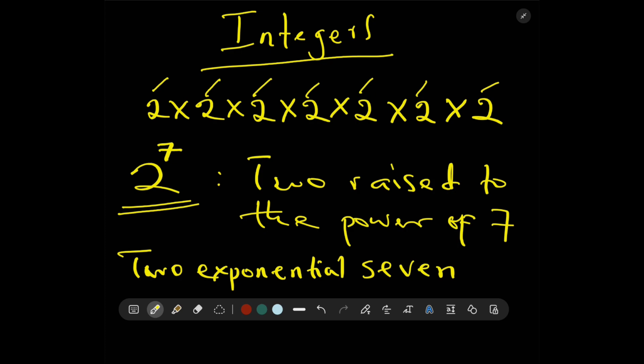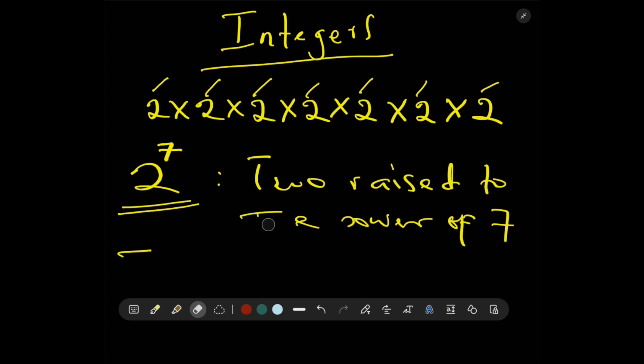So let's go ahead and do another example. This time around, we're going to do a simple example of how you add exponents, how you multiply exponents, and how you divide exponents. Let's do that real quick.